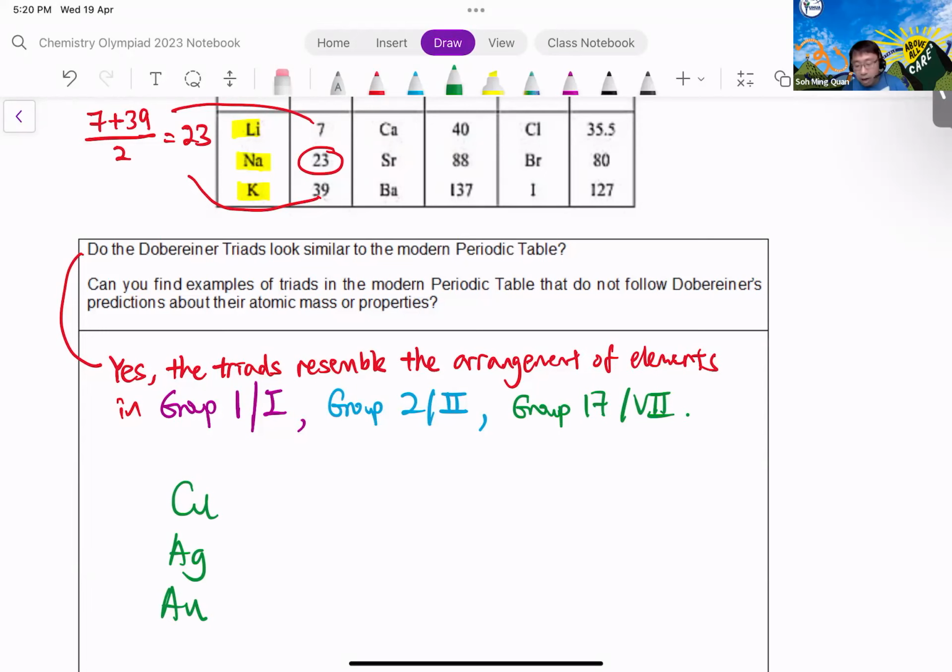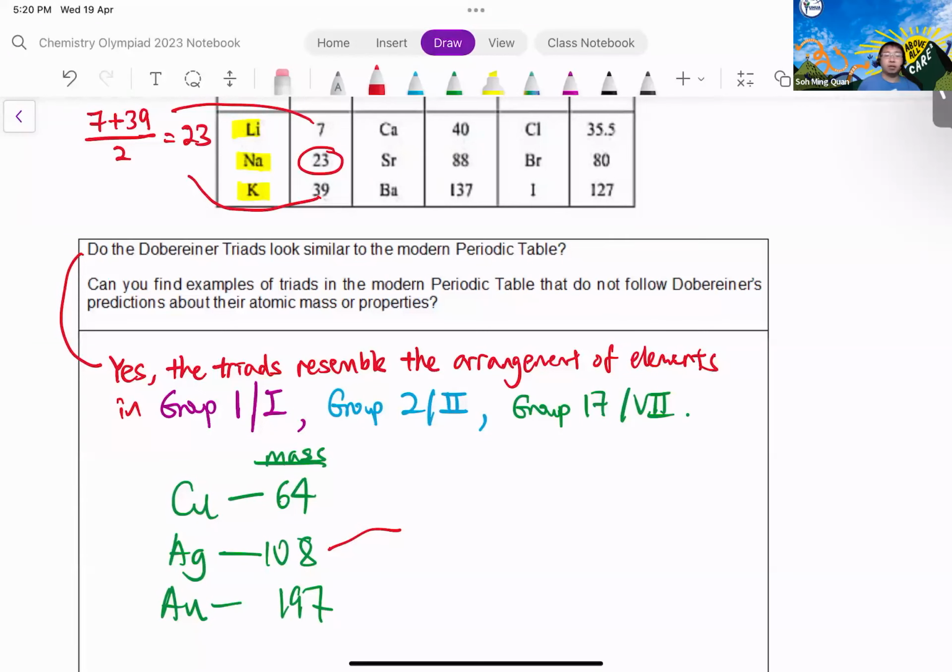Copper has a mass of about 64. Silver has a mass of 108. Gold has a mass of 197. So you realize immediately it's not true that silver is the average of copper and gold in mass.